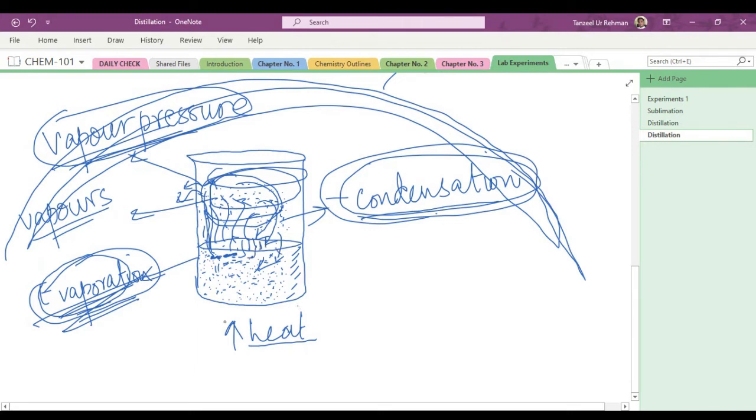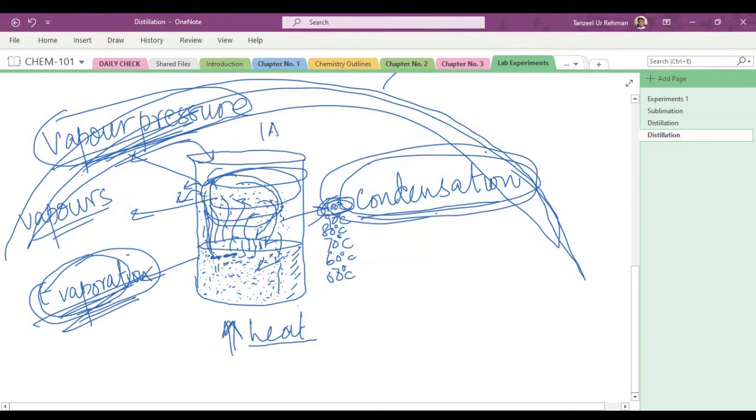It means when we heat this water, its temperature starts increasing. It changes to first 50 degree and then 60 degree and then 70 degree and then 80 degree and then 90 degree and then 100 degree. Now what happens at 100 degree centigrade? When temperature increases to 100 degree centigrade, this vapor pressure becomes equal to 1 atm.